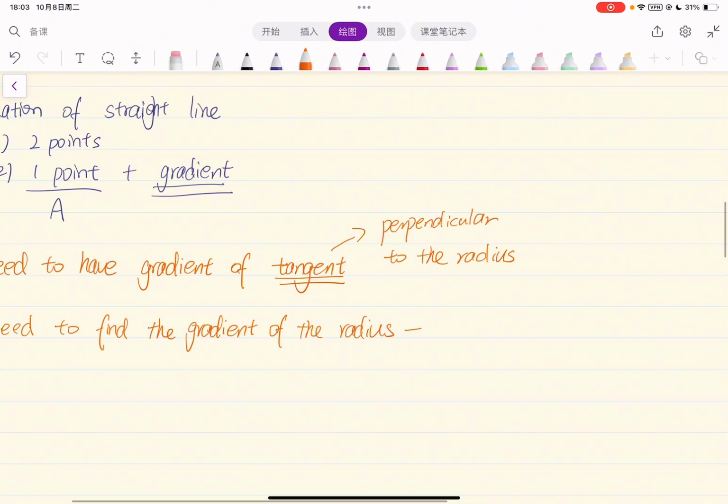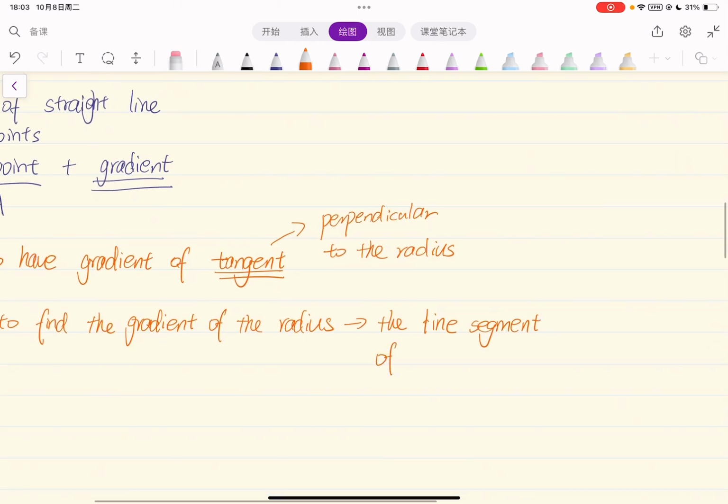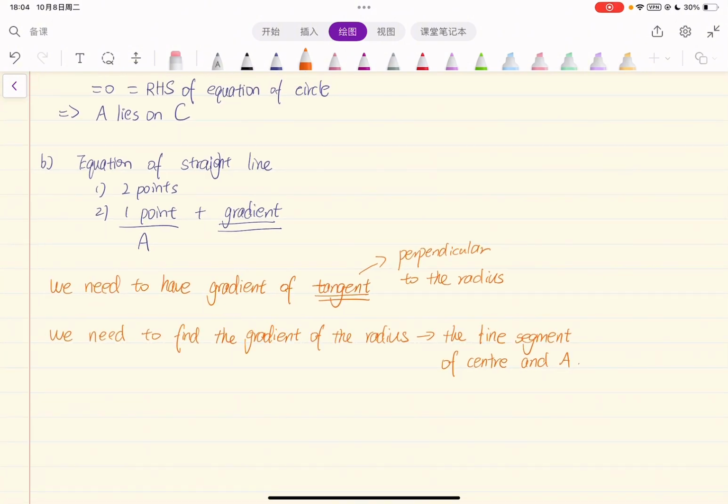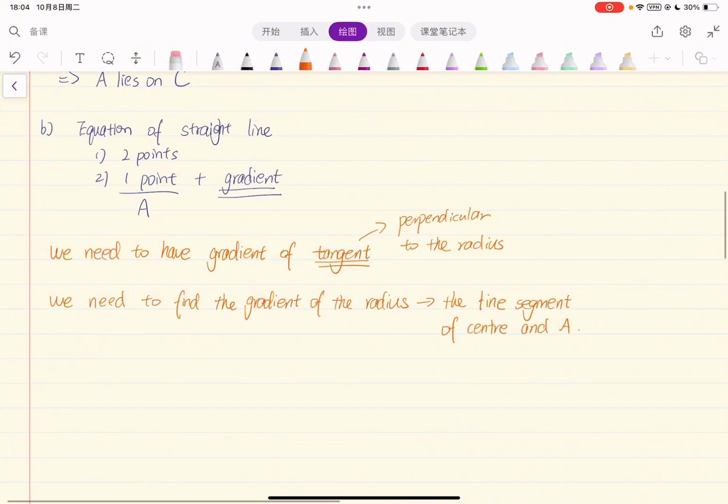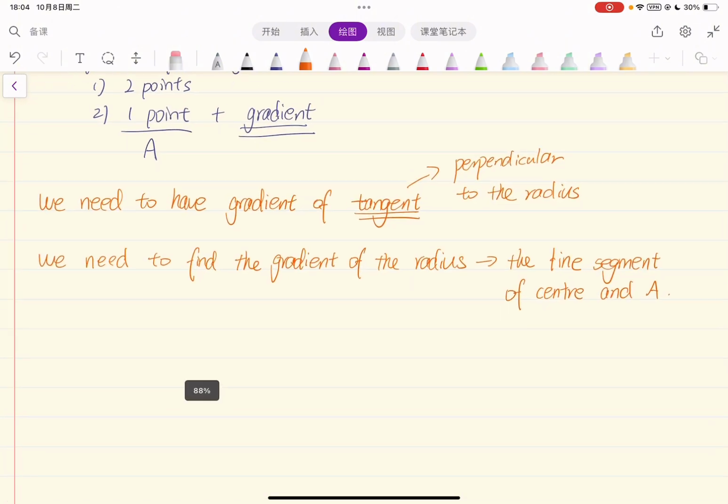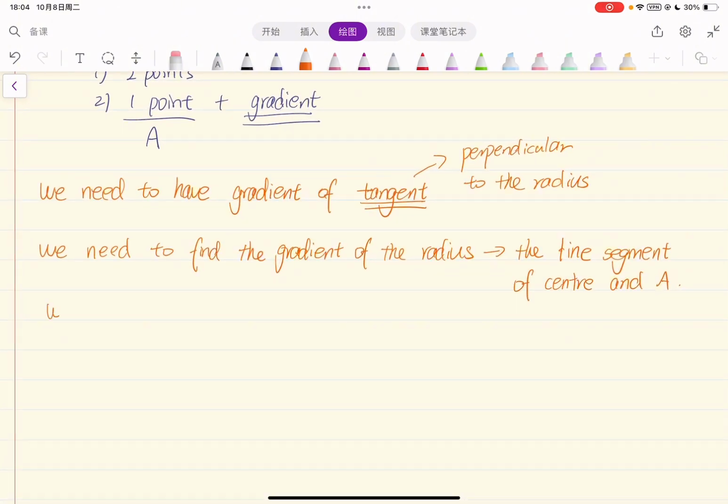That is the line segment of the center and point A, since A is on the circle. But we don't know the coordinates of the center. So what we need to do is to find the coordinates of the center.